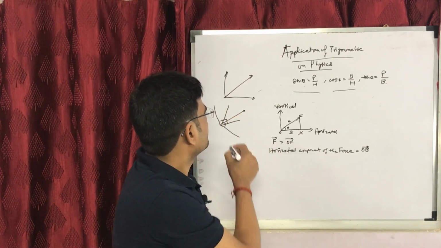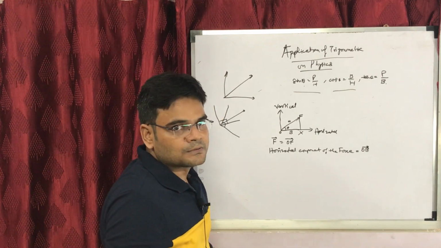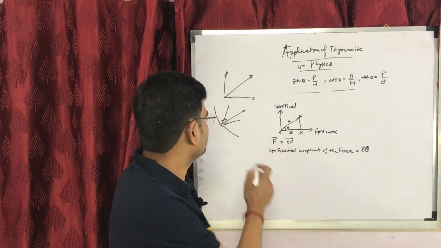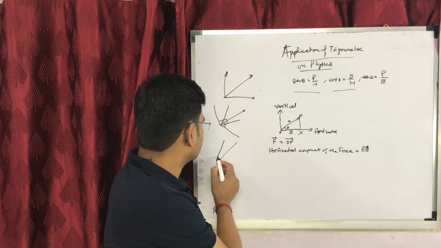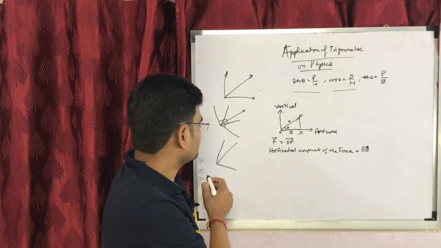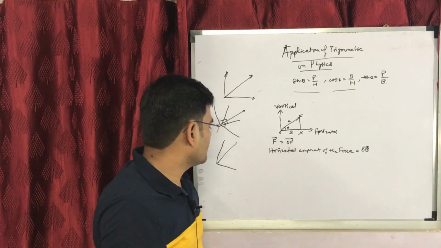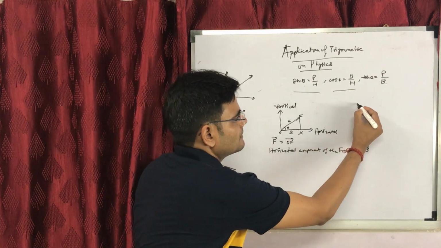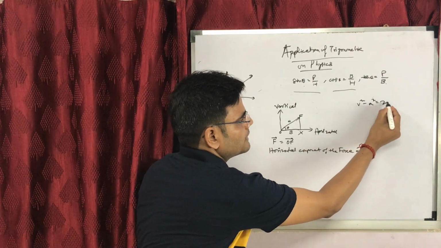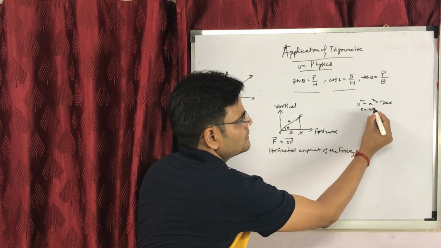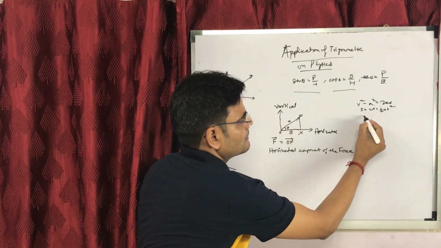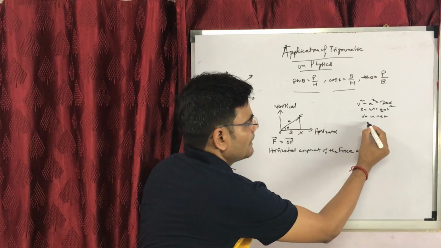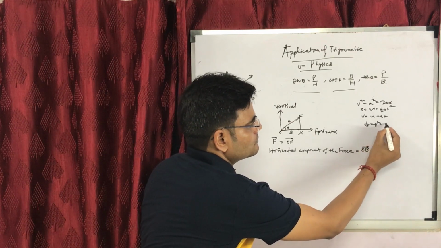And now to resolve our problems, you may ask, why do we consider, sir, this is 90 degree, why don't we consider a right angle like this? That's a question, and it's a very good question, because in our calculations, we know some formulas like v square minus u square equals to 2as, s is equal to ut plus half at square, v equal to u plus at, kinetic energy equals to mgh.